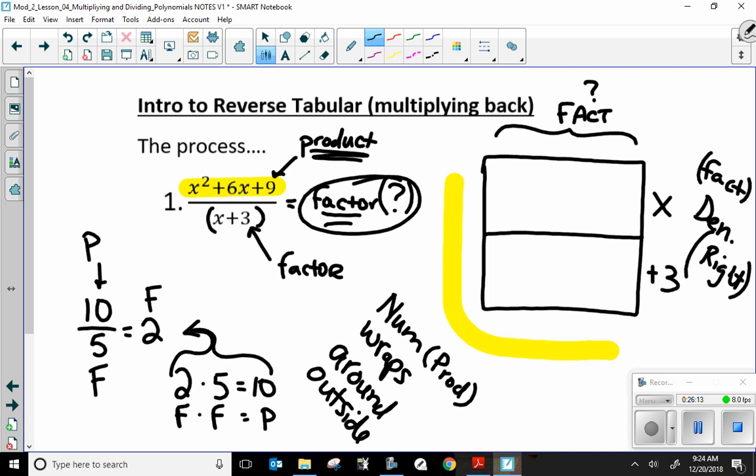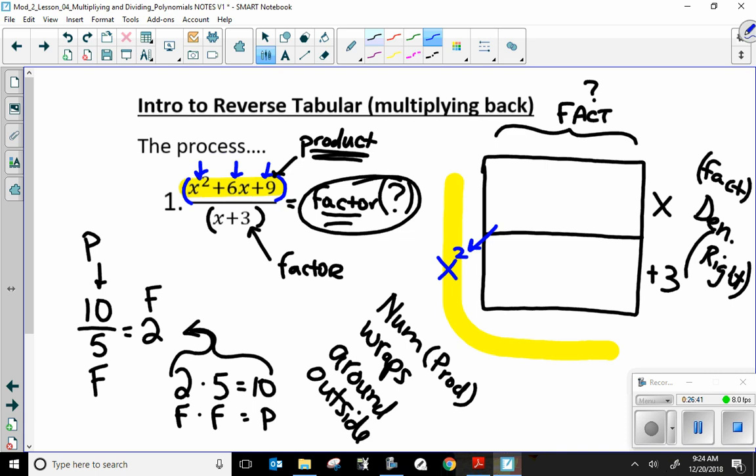I'm doing a lot of explaining, okay? When we start to do these and start to roll out, it's going to become easier, all right? But I'm doing a lot of explaining. I'm really reaching back here. All right, so here's the best way to determine, in my opinion, how many columns this is. I have 3 terms, x squared, 6x, and 9. That should be my product. The first term comes out of the bottom left. That's going to be my x squared.